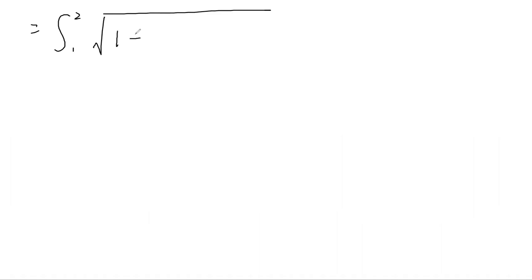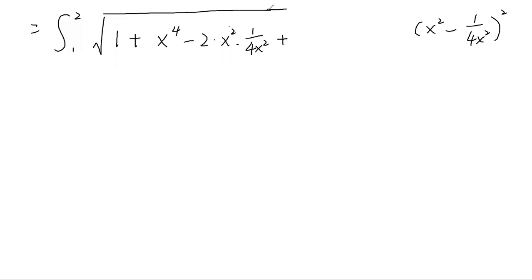You get 1 plus x squared minus 1 over 4x squared, squared. So this is equal to x to the 4 minus 2 times x squared times 1 over 4x squared, plus 1 over 16x squared, dx.